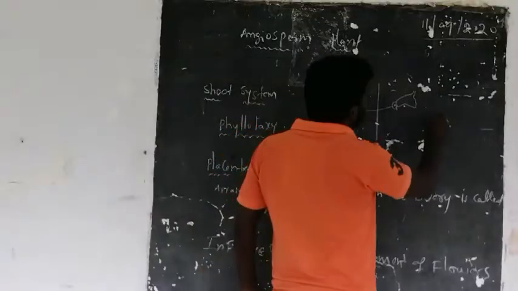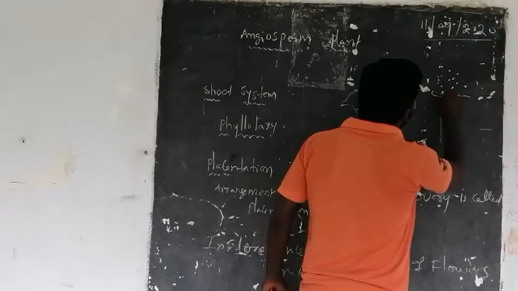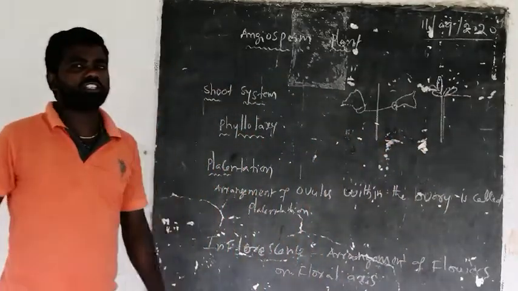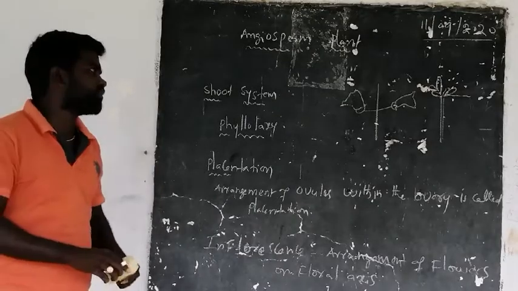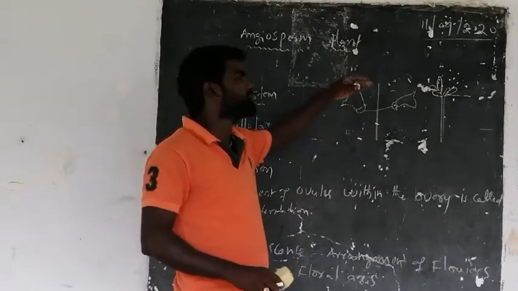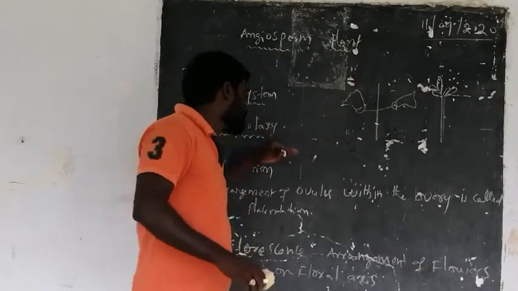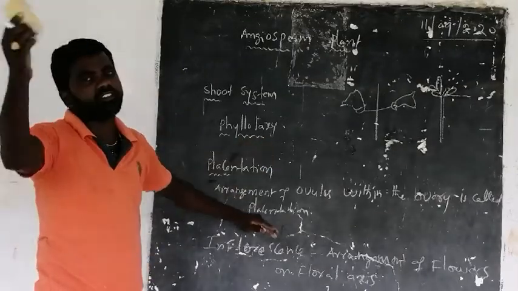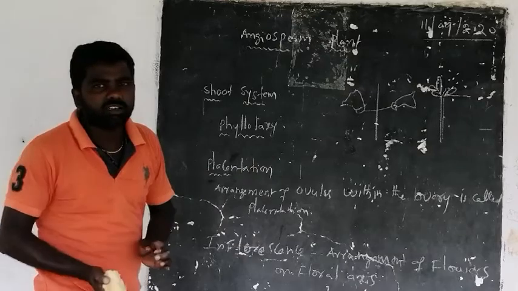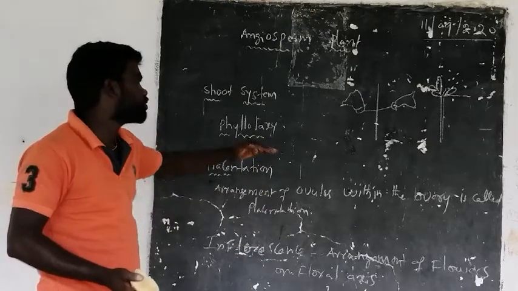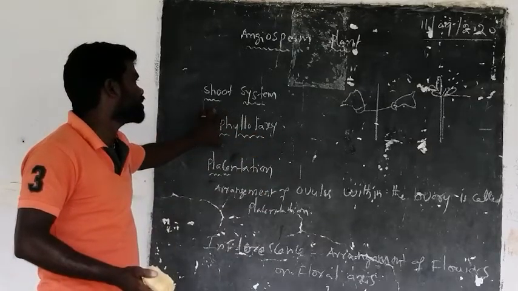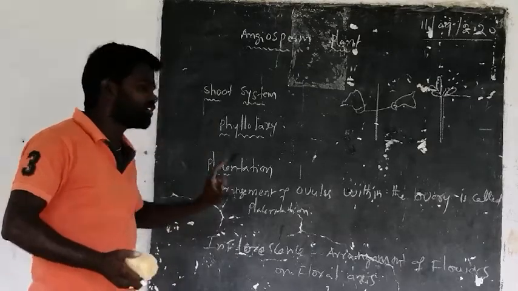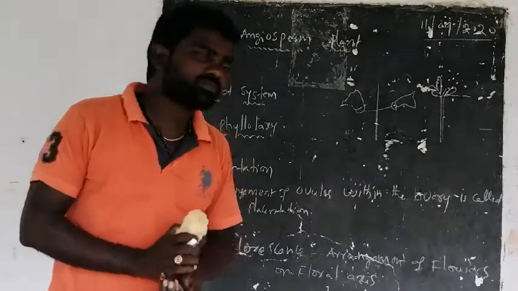And if the flowers are arranged at the top of the stem, this is called racemose inflorescence. These 2 types of inflorescence, along with types of placentation and phyllotaxy, will be discussed deeply in your syllabus. But as it is a bridge course, you have to remember only the outline, that means only the definitions of phyllotaxy, placentation, and inflorescence.